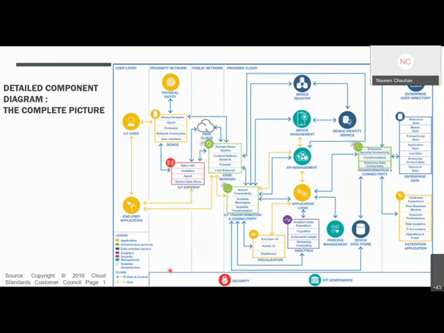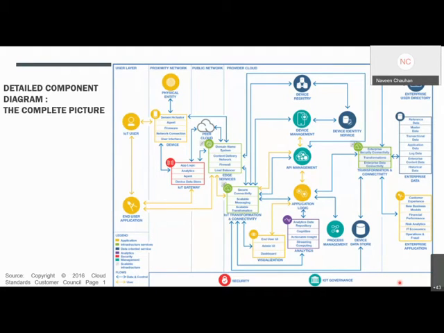So this is the detailed component diagram. I mean, in the previous diagrams, we had edge services, IoT transformation connectivity, visualization, analytics. This is just the detailed component diagram of what it exactly constitutes. When we are talking about the enterprise data, the enterprise applications, the visualization, the edge services, what does it exactly constitute?